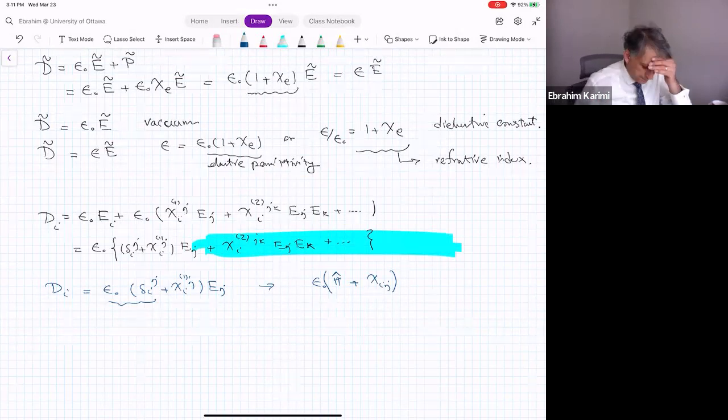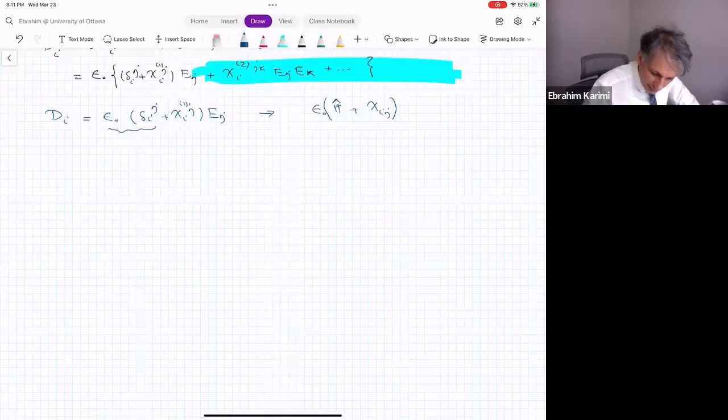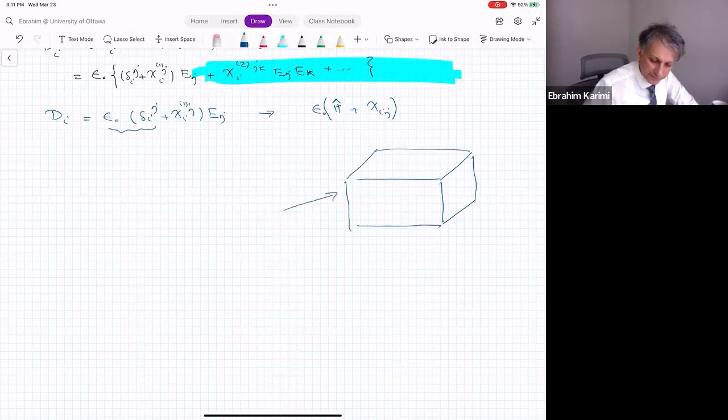All right, so I think it's very clear now for us that even if you assume a material like this and you apply an electric field here, very likely you will have a polarization inside of the material.